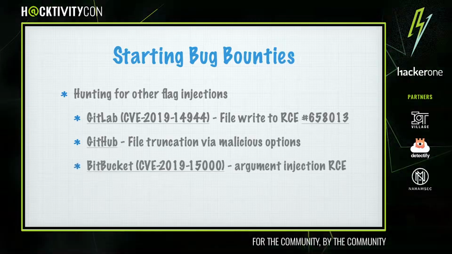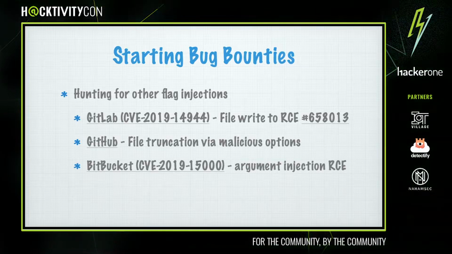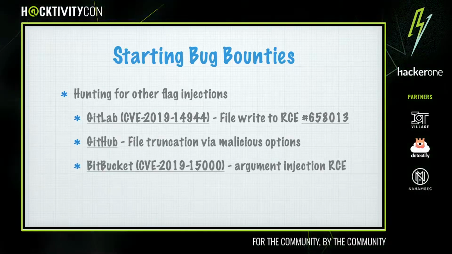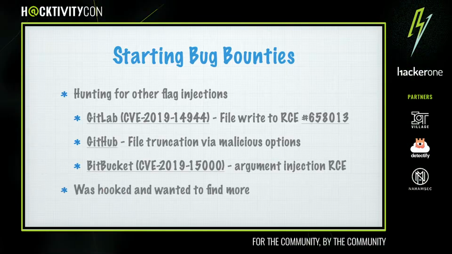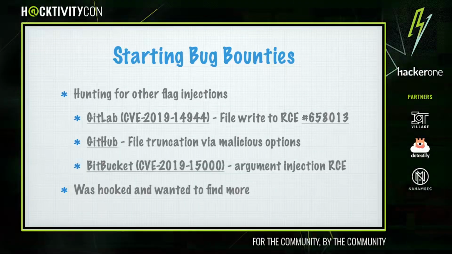And there was a file write to RC bug in Bitbucket, and both of these were abusing the same Git argument injection technique. After finding and reporting these issues, I was having quite a lot of fun with bug bounties, and knew it was something that I wanted to continue with and to learn more.